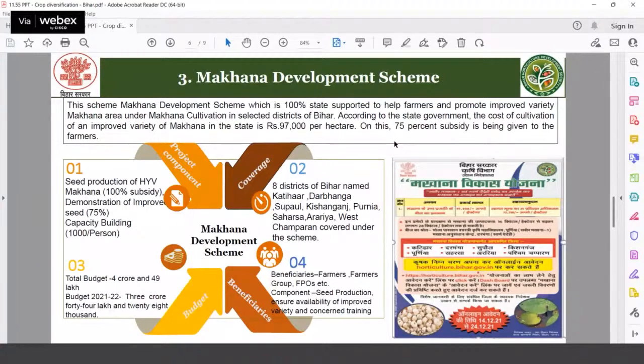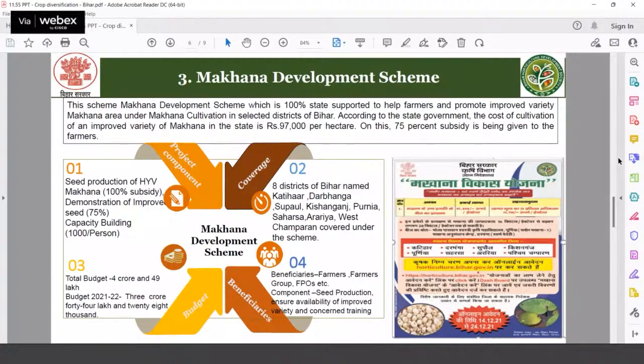We do have seed production for the high-yielding variety of this produce, and we are also undertaking capacity building of the farmers. We are covering 8 districts which house the key districts prominently producing makhana, and also the surrounding districts which have the potential to go for makhana production.